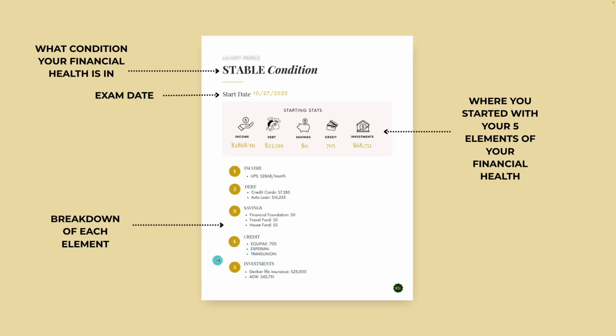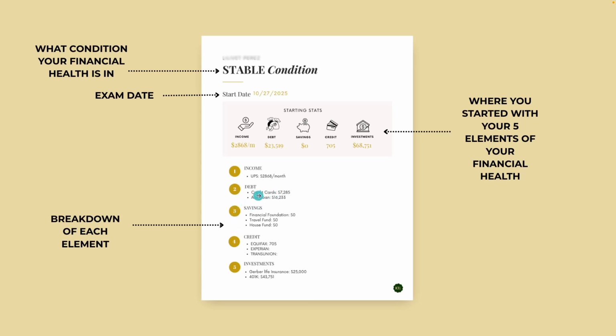Now, down here on the bottom half, on the second half of this page here, you're going to see a breakdown of each element. So this tells you if you have $23,519 in your total debt, what does that debt make up? You have $7,285 in credit cards, $16,233 in auto loans, student loans, whatever it may be, okay?